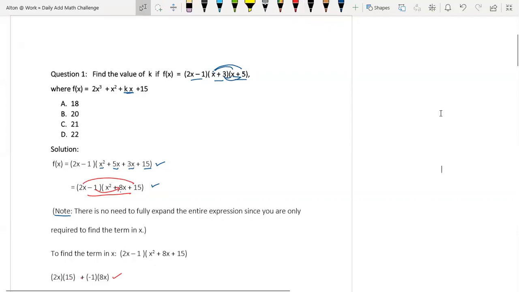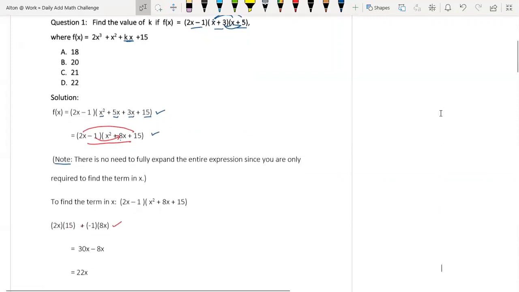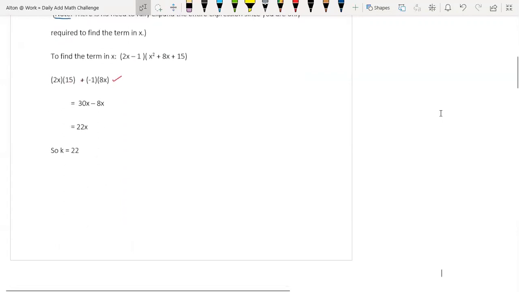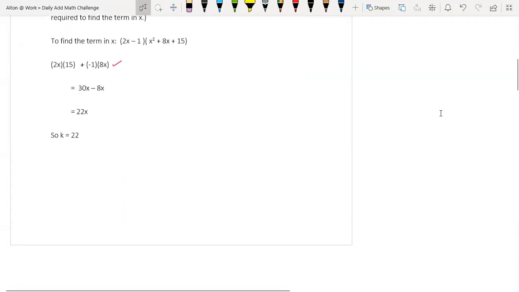And of course, we will expand that bracket and simplify. Let's see what we get. 2x by 15 gives us 30x. And minus 1 by 8x gives us minus 8x. Simplified, that is 22x.